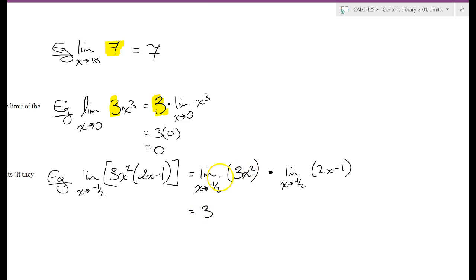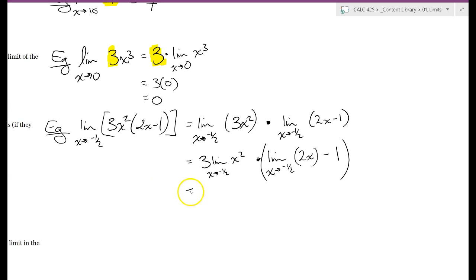We could pull that 3 out using our previous rule. We could break this one apart even further: the limit as x approaches negative a half of 2x, and then just subtract 1, because remember the limit of a constant is itself.